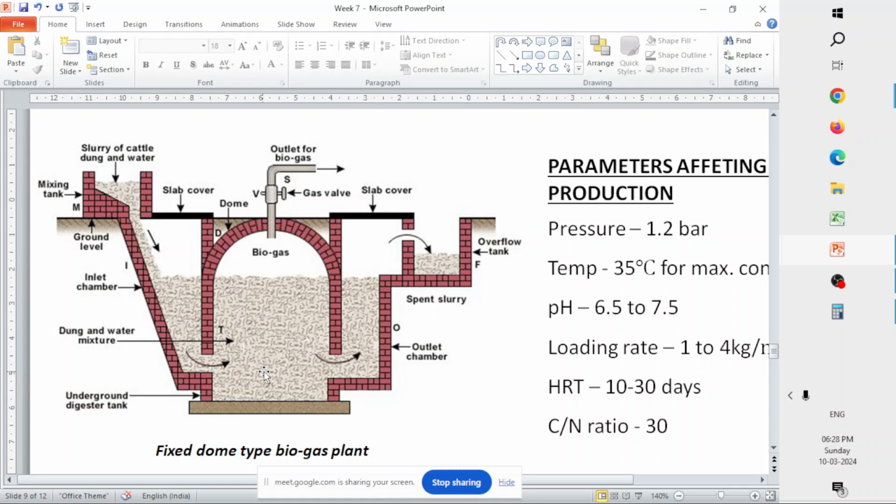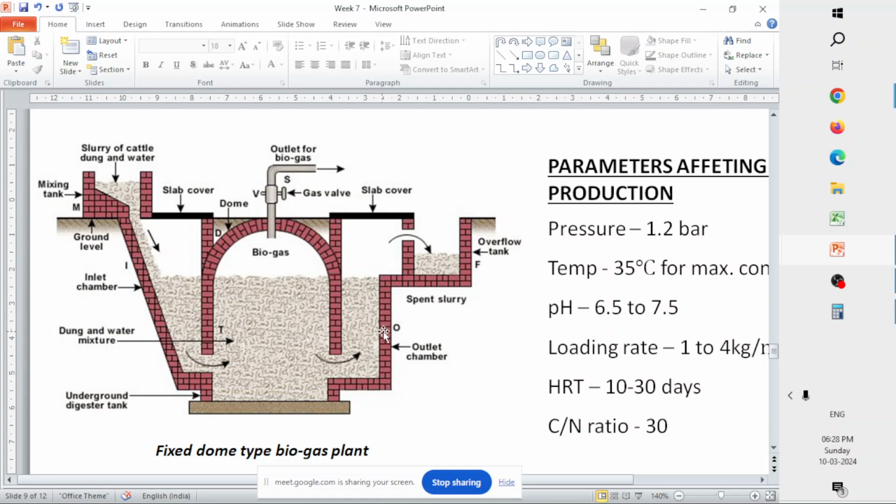So this biogas will be generated as the fermentation process continues, as the anaerobic digestion process continues. As it keeps continuing, gas will keep on being produced. Since it's a constant volume model, volume is going to remain constant. So the biogas will keep on generating, and this will keep increasing the pressure in your digester tank. Due to this increased pressure, the spent slurry or the digested slurry will move from this digester tank to your compensation tank.